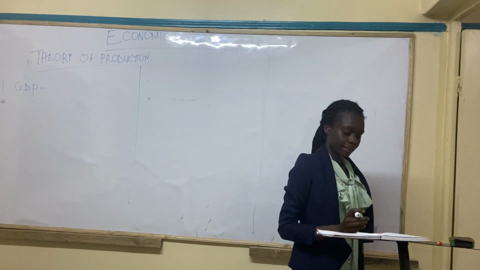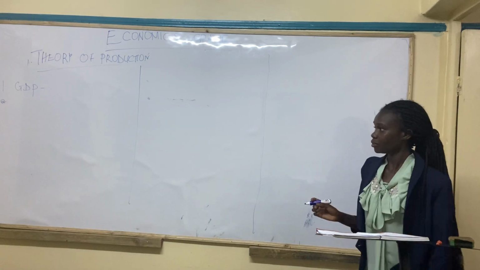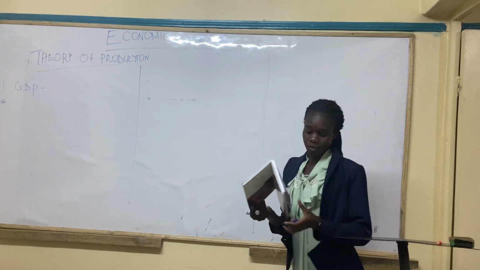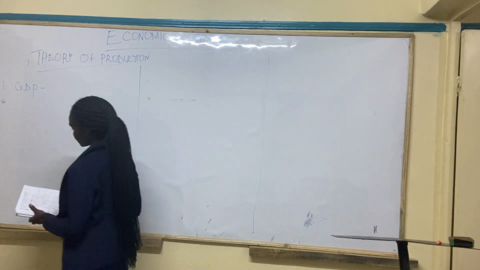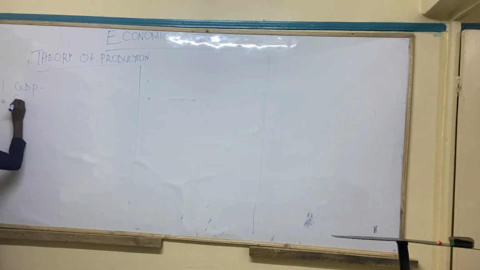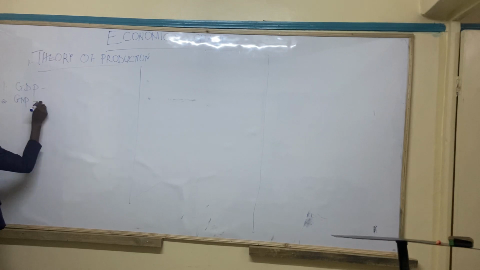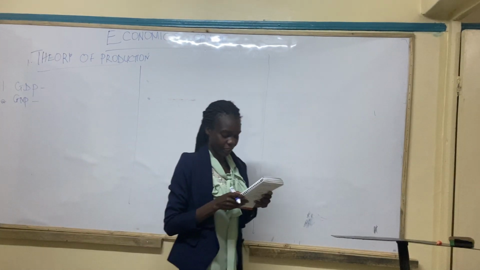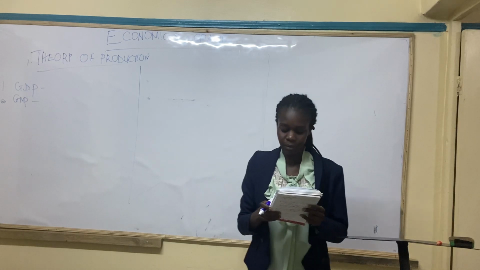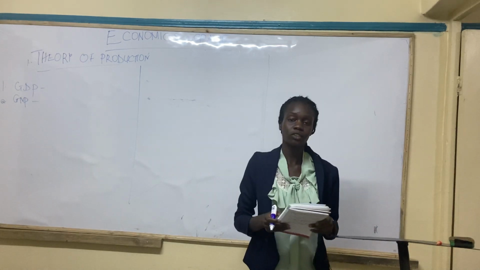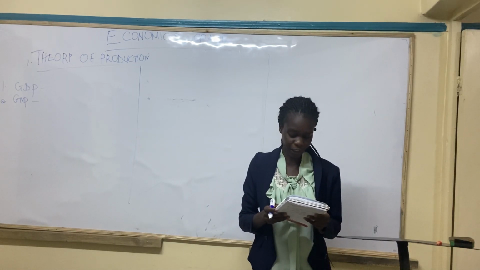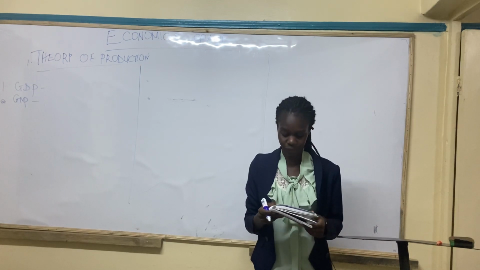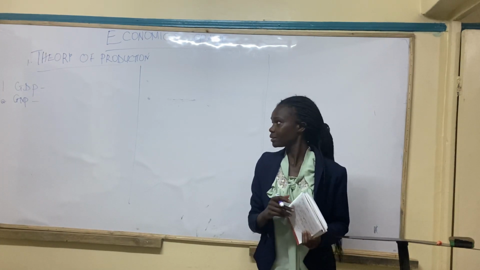The second one is gross national product, that is GNP. Gross national product is the sum of values of total volume of production after allowance has been made for depreciation.